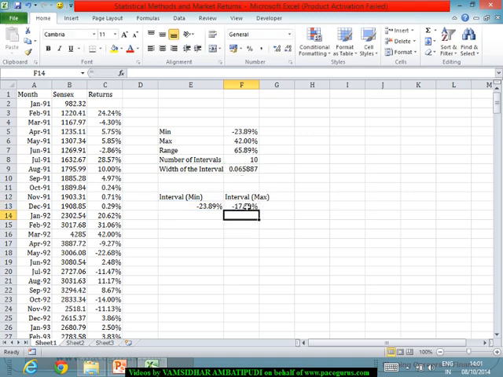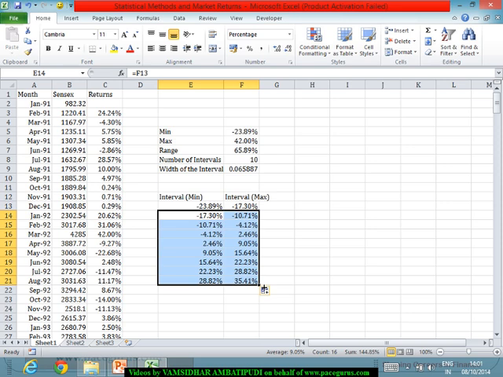So up to minus 17.3 is my interval here. Whereas here the minimum is minus 17.3 and the maximum is going as minus 10.7. Like this, if I go a bit down, I am getting minus 10, minus 4. So I am actually getting the number of intervals.